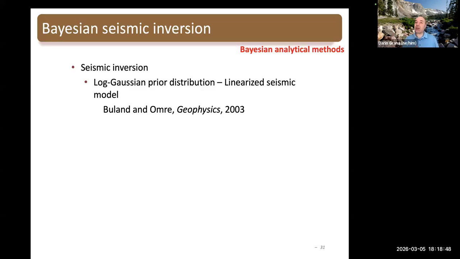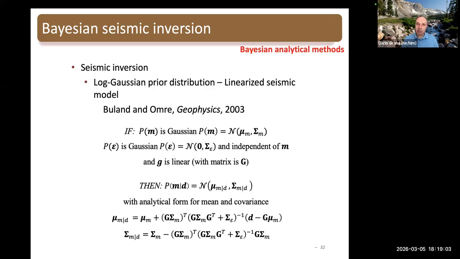And because the linearization of the seismic model is expressed in the logarithm of the elastic properties, you simply assume that the logarithm of the elastic properties is Gaussian, then it's a linear inverse problem. You can compute it analytically. I simplified a little bit.